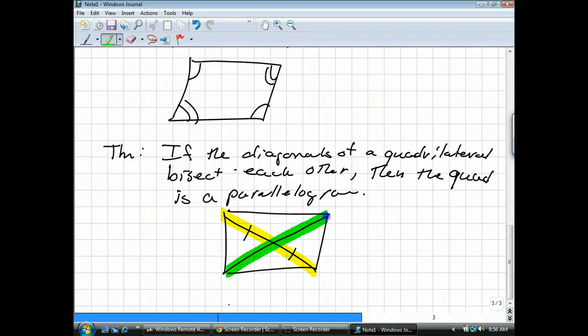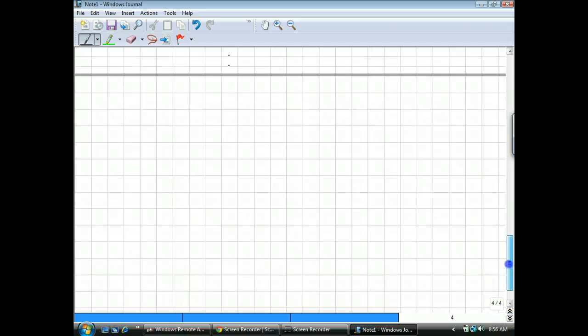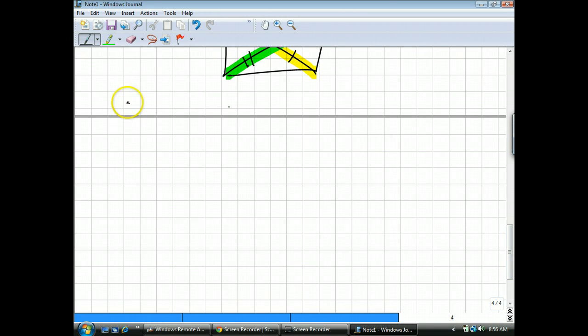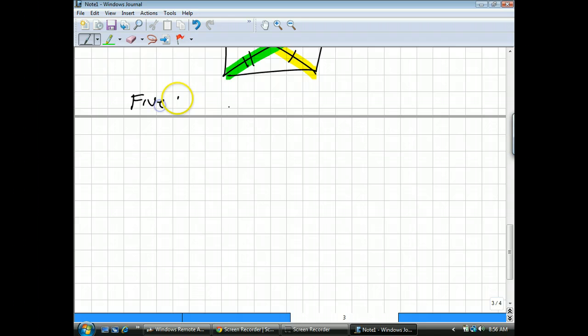And if I have this diagonal and I know this is congruent to this, then I know that the yellow diagonal bisects the green diagonal by definition of segment bisector. And so therefore the quadrilateral must be a parallelogram.